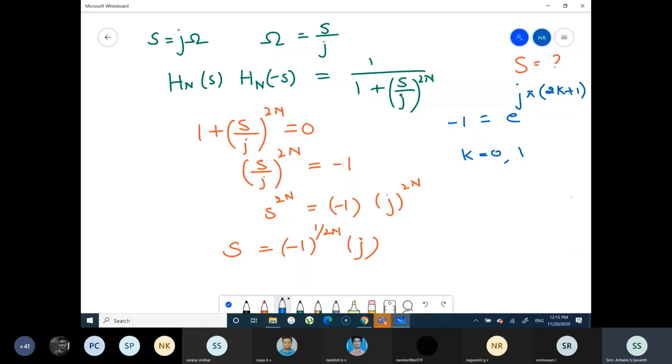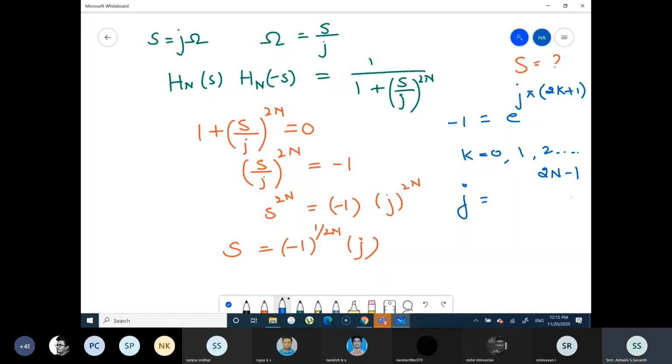E to the power j 3 pi: again cos 3 pi is minus 1, sin 3 pi is 0, so again you get minus 1. Similarly k equals 2. So e to the power j pi times an odd value will always be equal to minus 1. So I want to use this for substitution for minus 1. To be very specific, k goes from 0, 1, 2, 3, etc., up to 2n minus 1, because we have a total of 2n poles. That's what we are going to substitute for minus 1.